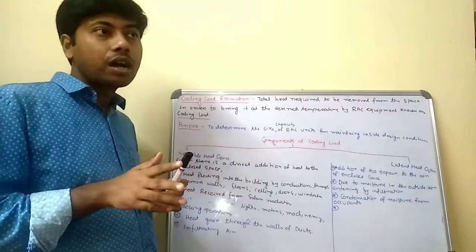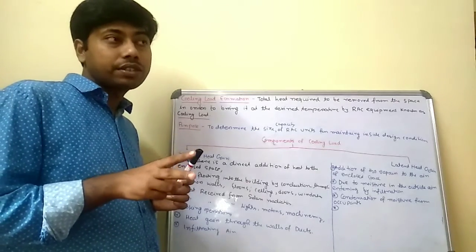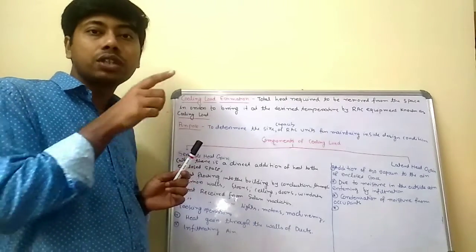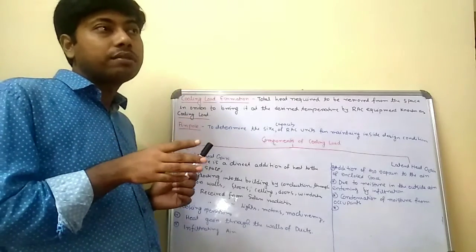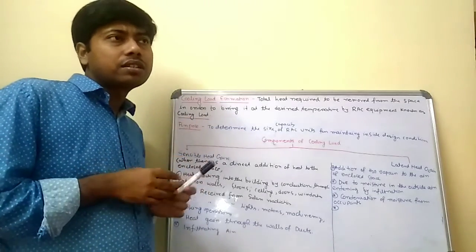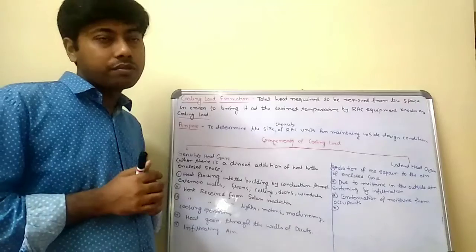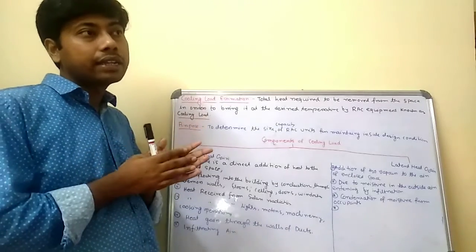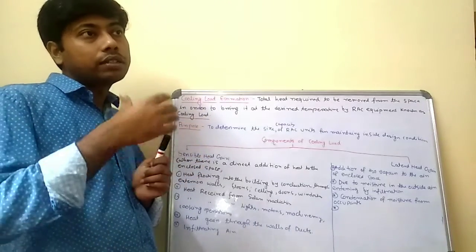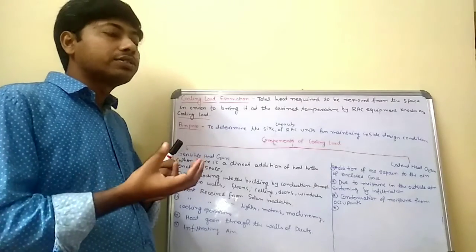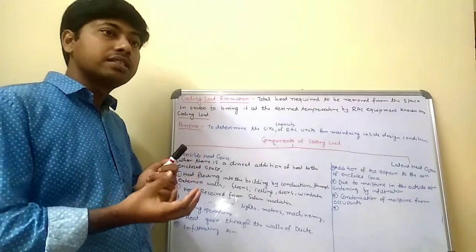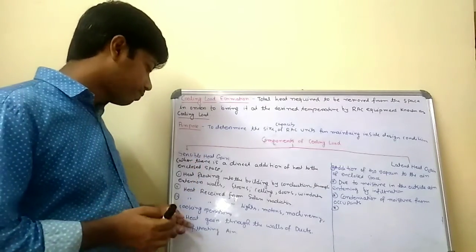Of course the outside of the duct is insulated, but there is some leakage also, so there is some direct contact with the room where the heat can be released. This amount of heat can also be counted as sensible heat gain.